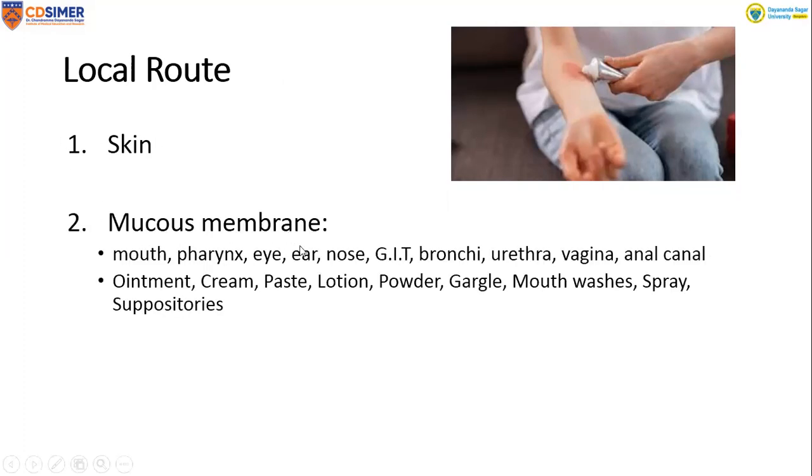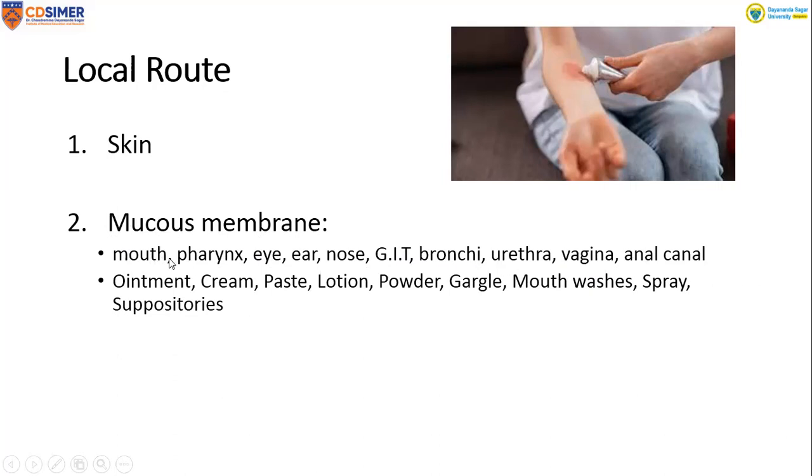Next route is mucous membranes. Again, what are the mucous membranes we have here? Mouth, pharynx, eye, ear, nose, GIT, bronchi, urethra, vagina, anal canal. So these are some of the mucous membranes we have inside our body.